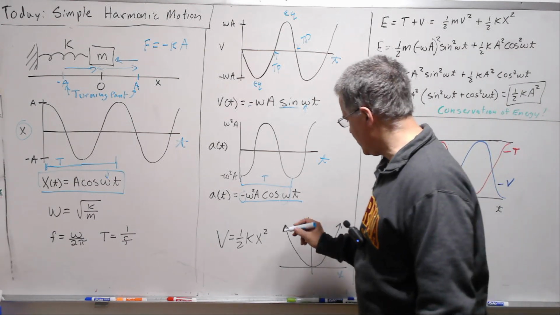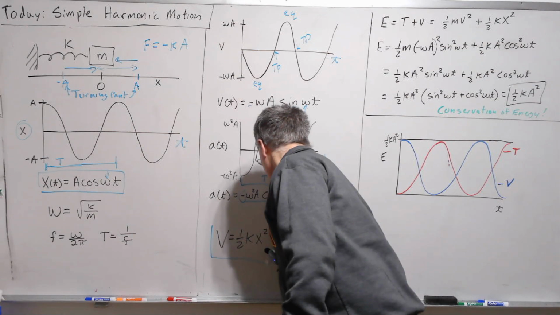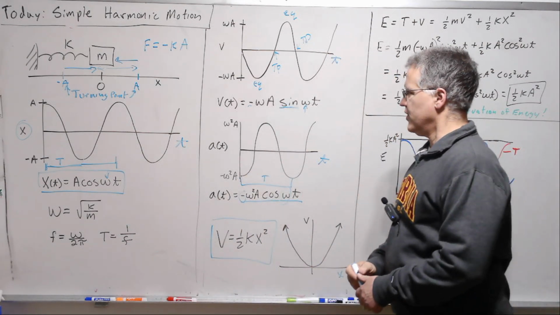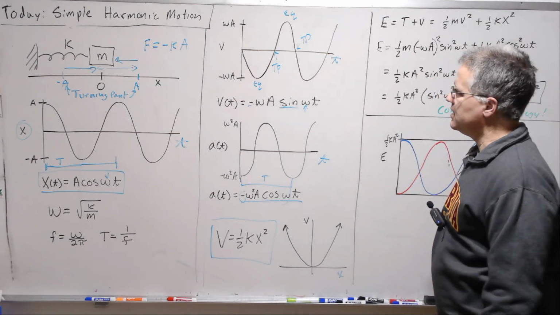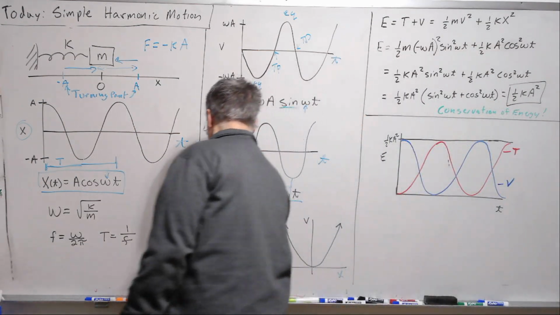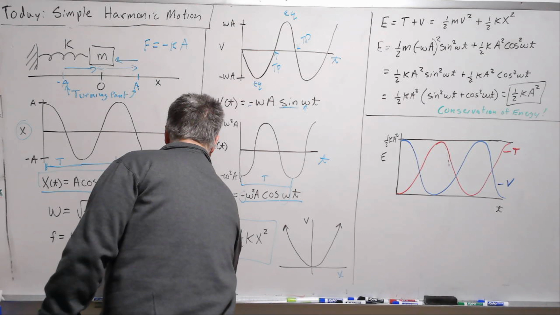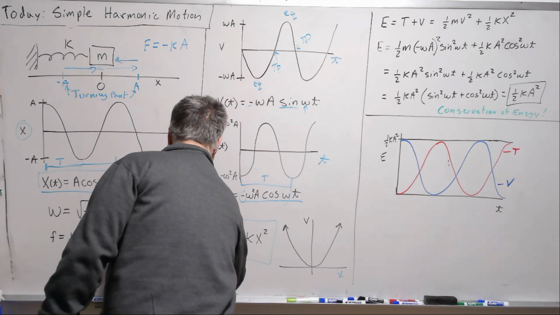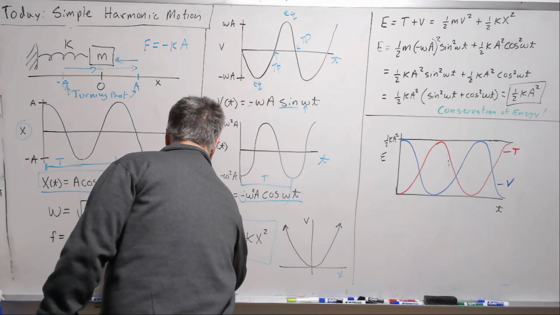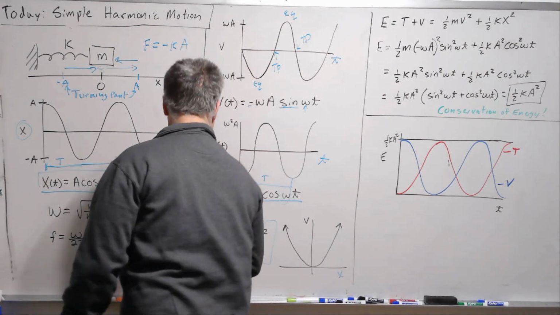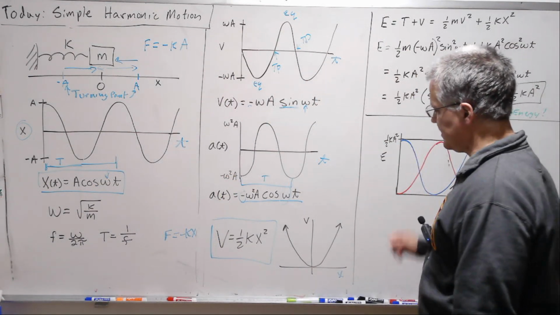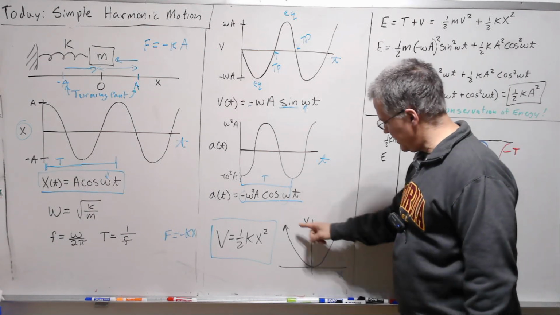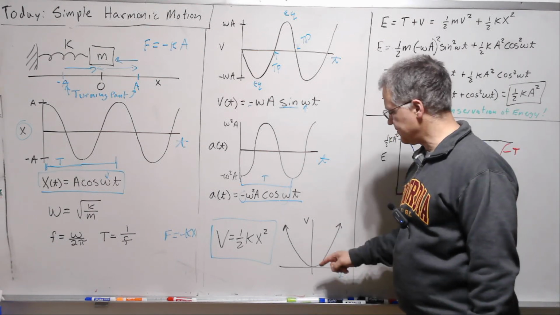Let me just pick up something from the last video. We talked about how we can get the potential energy as the integral of the force. So force is minus kx, and the potential energy is the negative integral of that. And so the potential energy is a parabola.